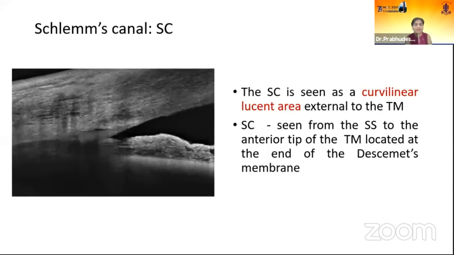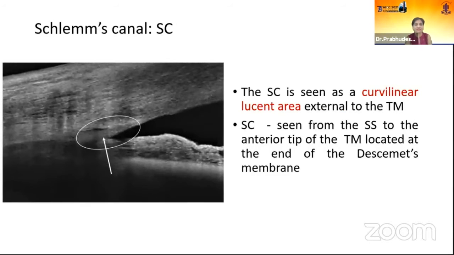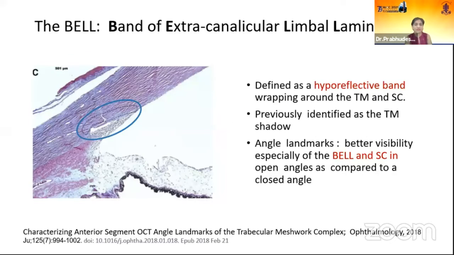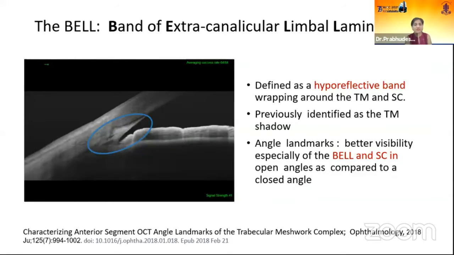So Schlemm's canal can be identified on this, and this is a loosened curvilinear area from the SS to the anterior tip of the trabecular meshwork. One more important finding here is the BELL, that is the band of extracanalicular limbal lamina, which can be seen between the Schlemm's canal and the trabecular meshwork, and this is seen as a luminescent area.